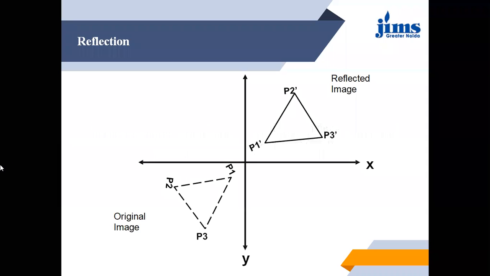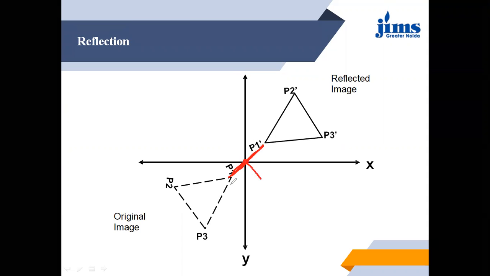So what happens over here? When we have to reflect, this is our original image, we have to reflect this with respect to the origin. I told you that the distance will remain the same. So P1 is at this distance from 0, and now it will also be the same distance. We know that this is the origin.